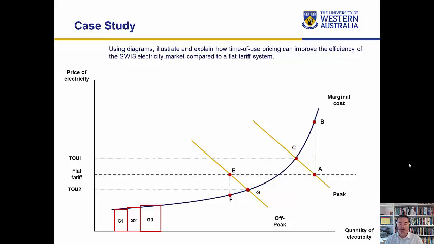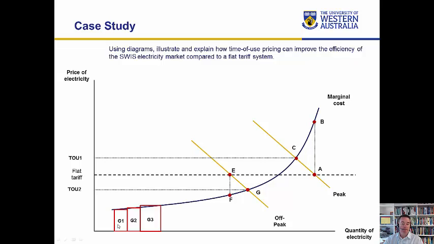The first thing we need to appreciate is that this marginal cost curve doesn't relate to just one electricity supplier. This is the marginal cost curve for the entire SWIS, or Swiss, network. So this marginal cost curve is made up of all of the electricity generators that are available to pump electricity into the system.